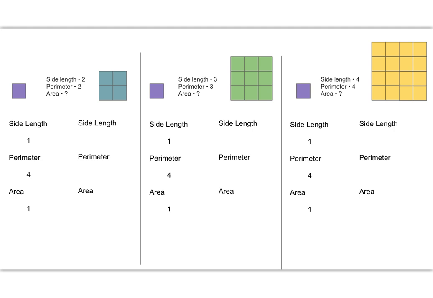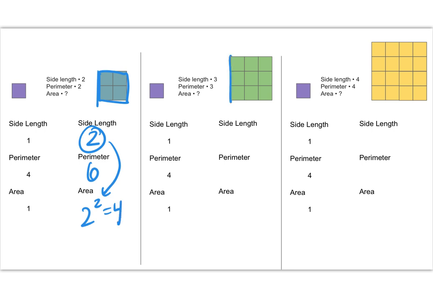Go ahead and take the time to complete this table as well, and come back and push play when you're ready. Side length is 2, the perimeter is 6, and the area is 2 squared.